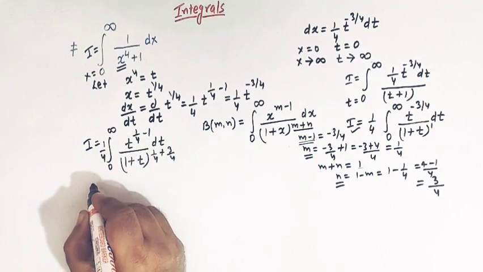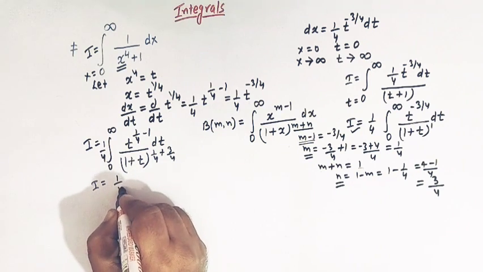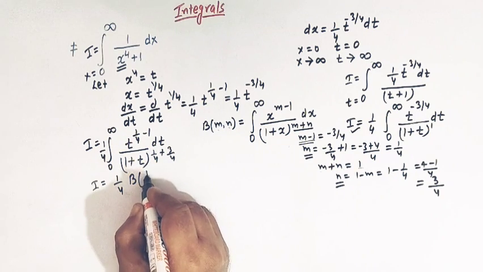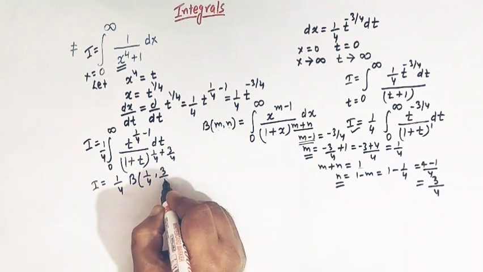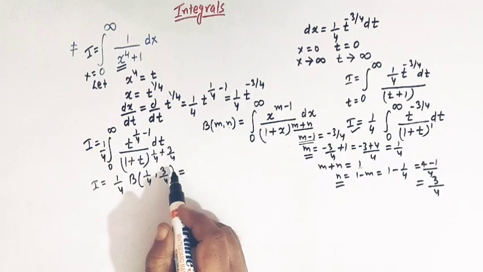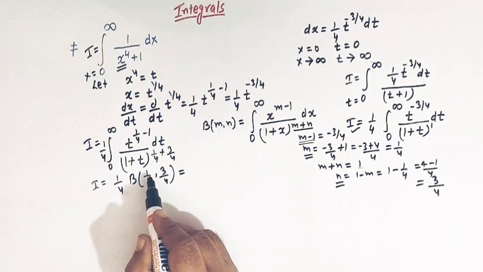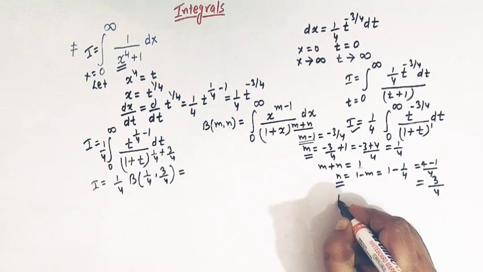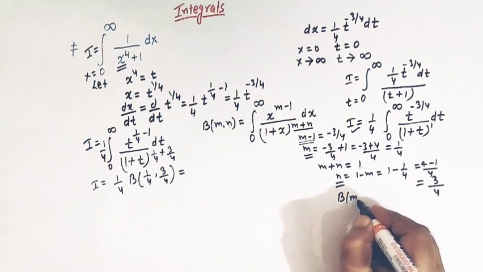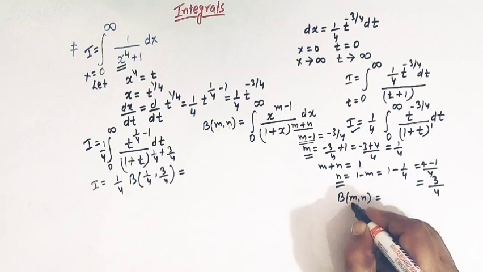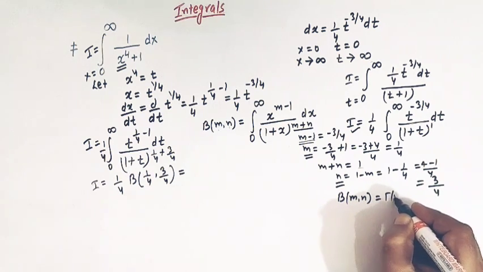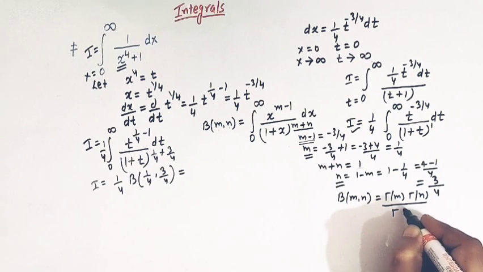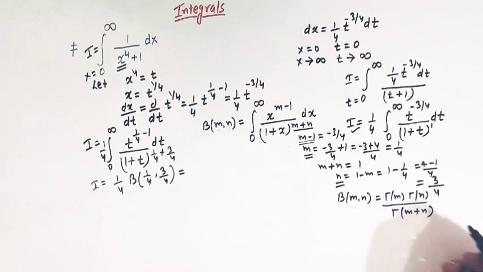So now I is equal to 1 by 4 beta of m, n. M is 1 by 4, n is 3 by 4, right? So now we have to find the value of beta 1 by 4 comma 3 by 4, and we know the relation between beta function and gamma function, that is beta m, n is equal to gamma of m gamma of n divided by gamma of m plus n, right?